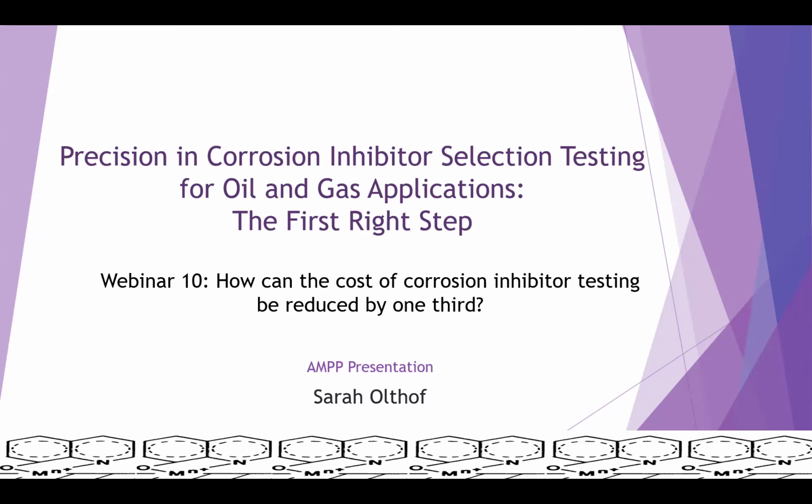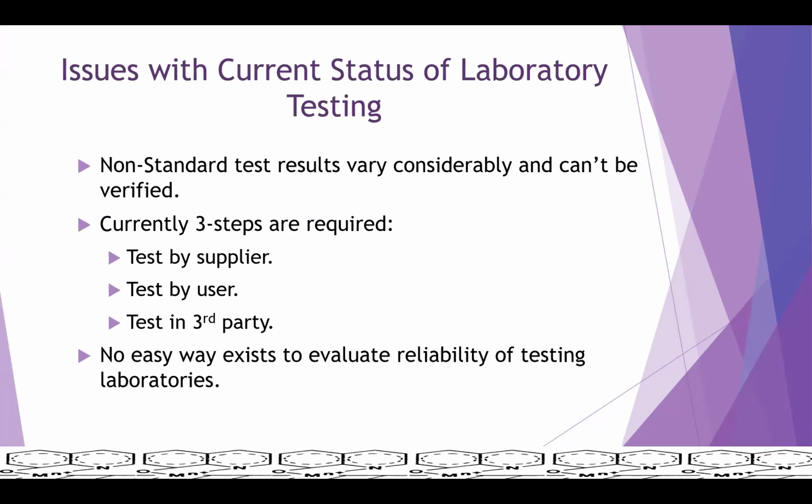So let us review how we are evaluating corrosion inhibitors currently. Because the current test procedures are not standardized, they have a large amount of variability. So non-standard test results vary considerably, and between one lab and another lab, it cannot be verified.